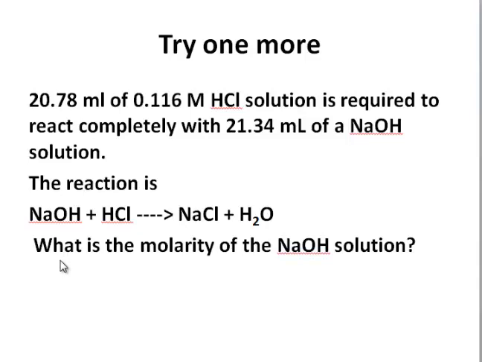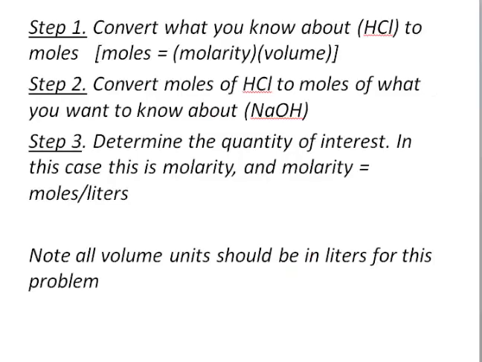Be careful to identify steps 1, 2, and 3. Alright, in step 1, you're going to convert what we know about to moles. And that will be done by multiplying the molarity of the HCl solution by the volume.